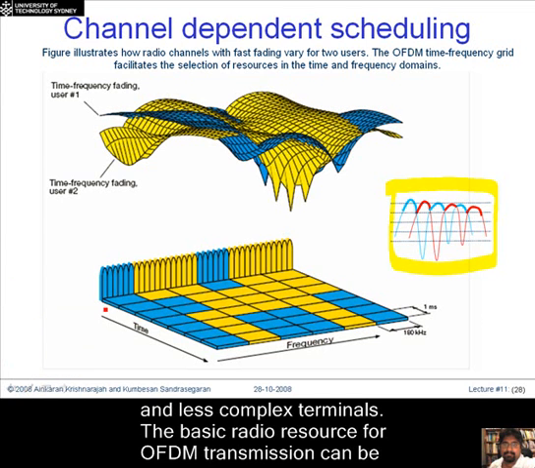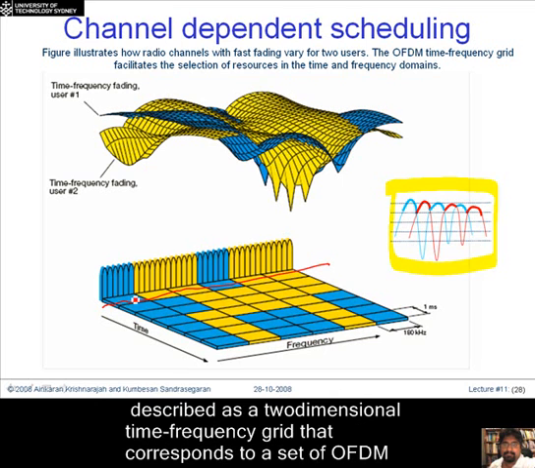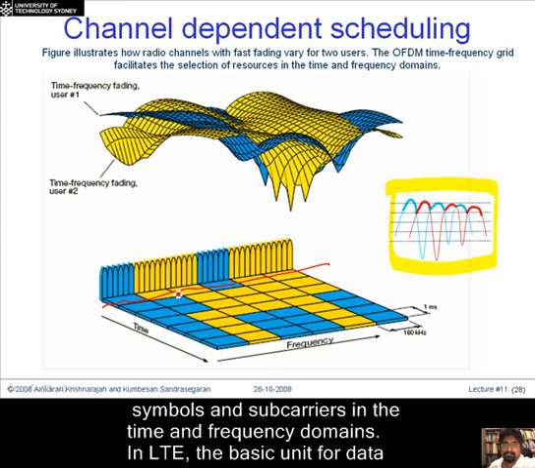if you look at this instance of time here, the first resource block is being allocated to the blue user. The next two resource blocks are being allocated to the yellow user. The next resource block is being allocated to the blue user, and so forth.